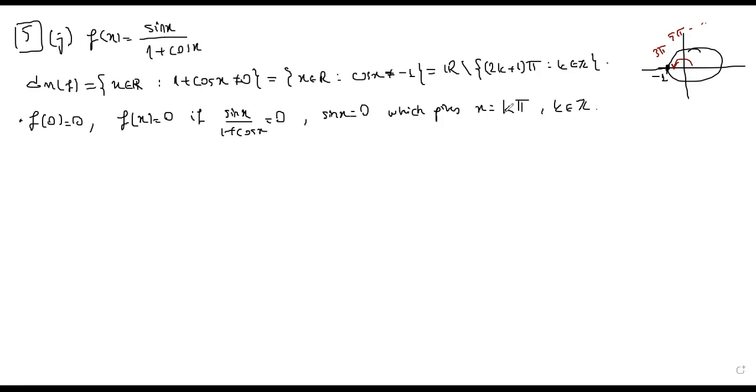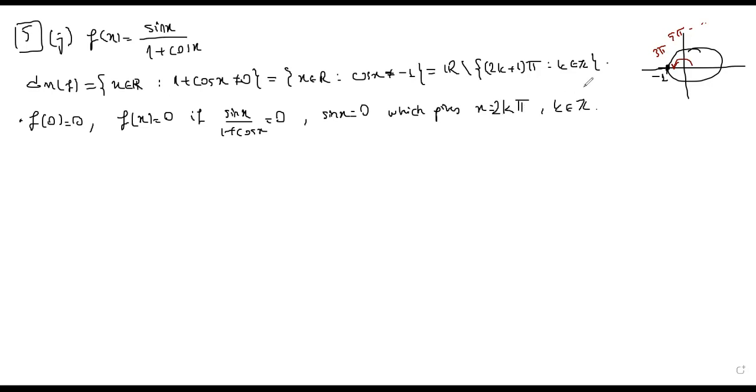Now, is, for example, pi in the domain? No, right? The odd multiples are not included in the domain. So we can only write here 2k pi, because only the even multiples of pi are included in the domain.